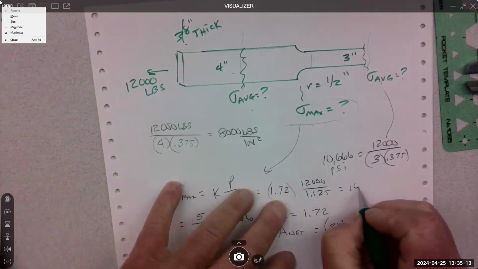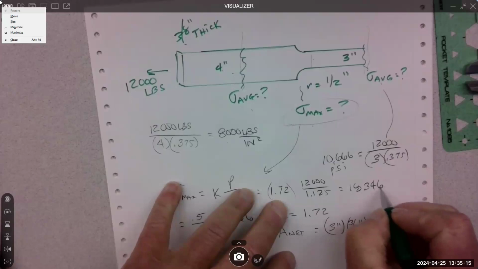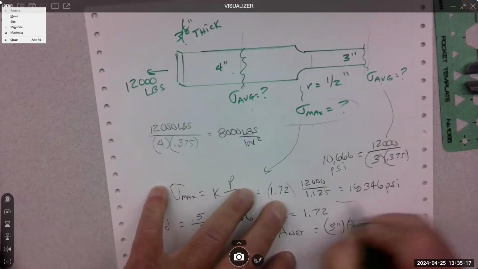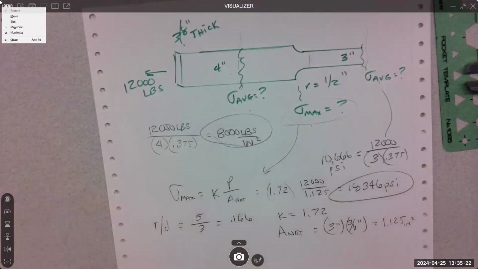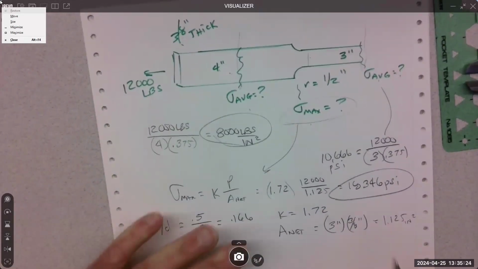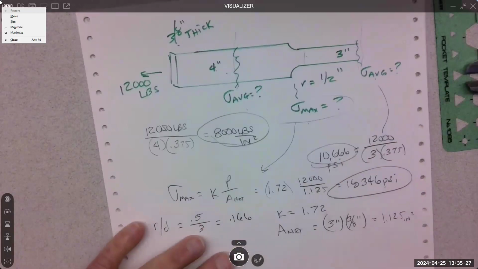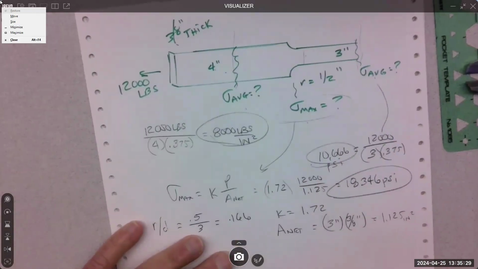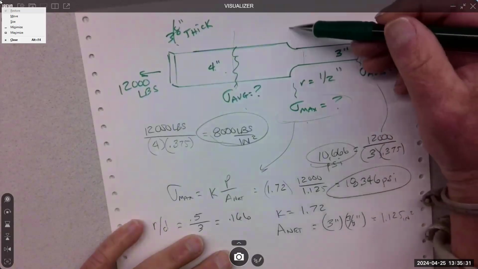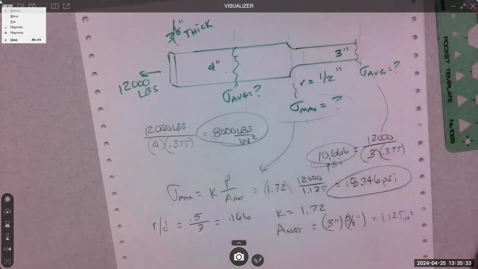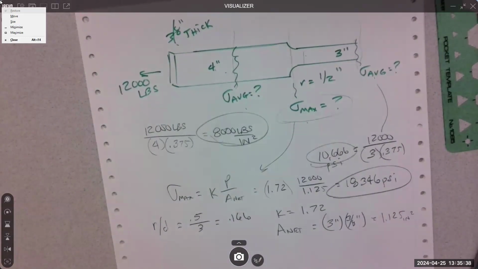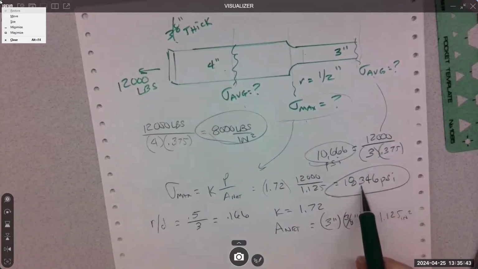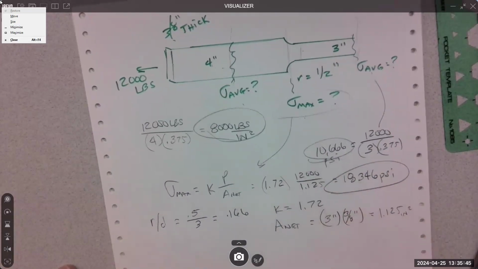18,346 PSI, something in that range. So in the 4-inch, 8,000. In the 3-inch, 10,000. But at this transition, where it's going from the larger shape to the smaller shape, the stresses are massively increased. 18,000 is huge over 10,000.